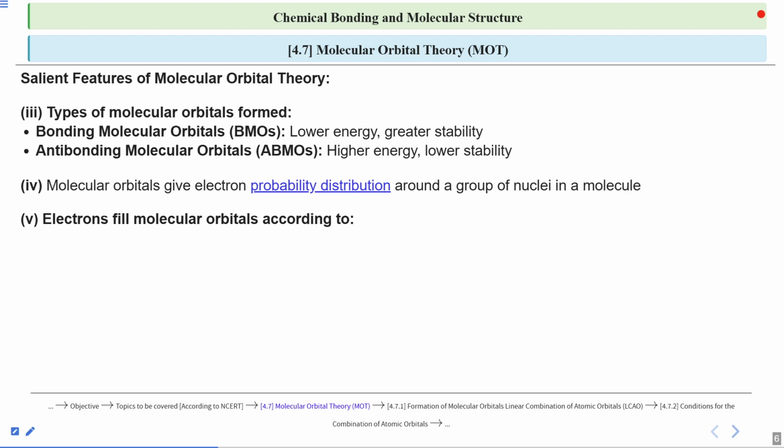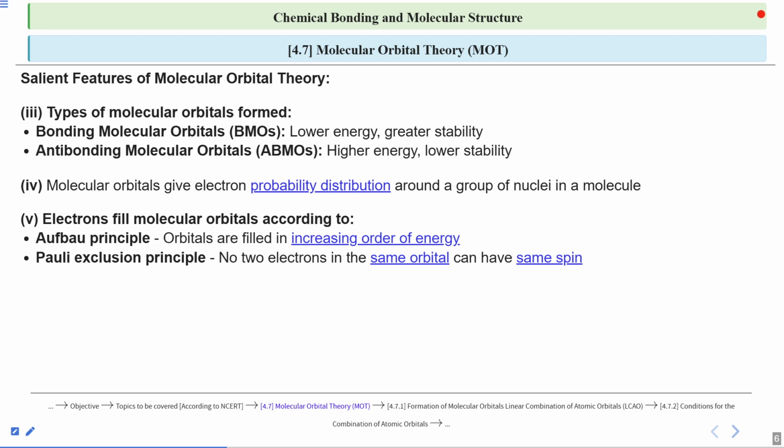What are those theories? First is the Aufbau principle, which says that the orbitals with lower energy will be filled first, and then will be the chance for the orbitals with higher energy. As simply as I can say, orbitals are filled in the increasing order of energy. So this is the Aufbau principle.